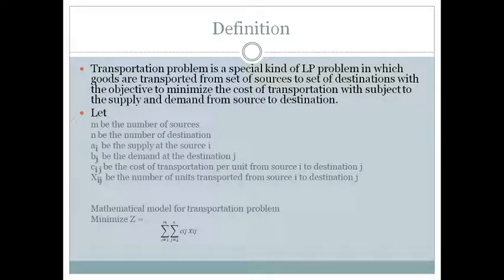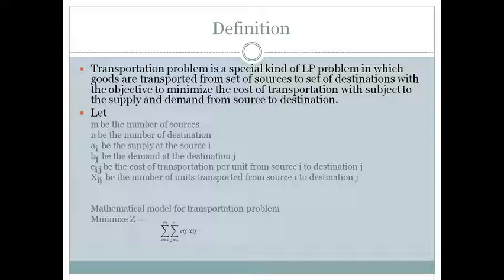The definition tells us the transportation problem is a special kind of LP problem in which goods are transported from a set of sources to a set of destinations, with the objective to minimize the cost of transportation, subject to supply and demand. So the problem here is that there is a set of sources and a set of destinations, and we are supposed to transport a particular product from the sources to the destinations.